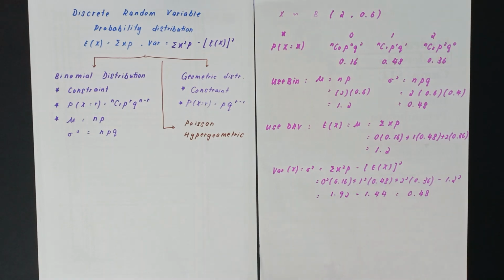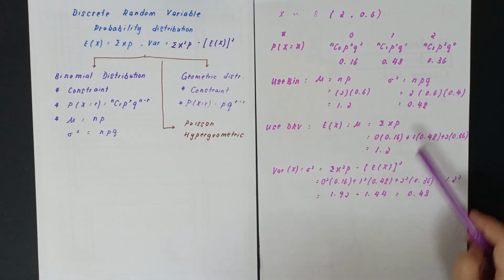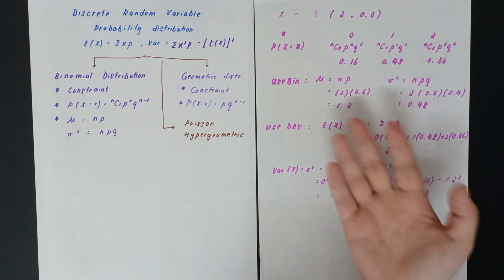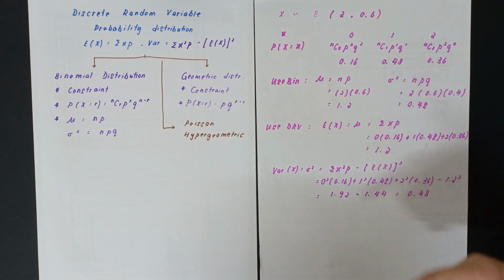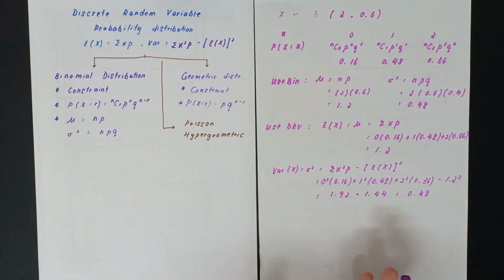So from here you can see that for binomial distribution, why are we using NP and NPQ instead of this? Because it's exactly the same answer, so why not choose the shorter one? When we learn about binomial distribution, I try to explain why that is so for every variable, what is meant by your mean, what is meant by your variance, and so on.